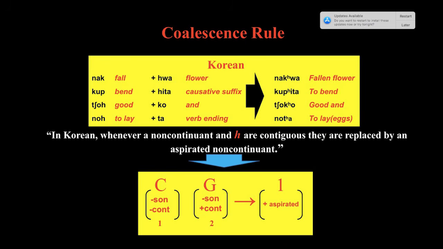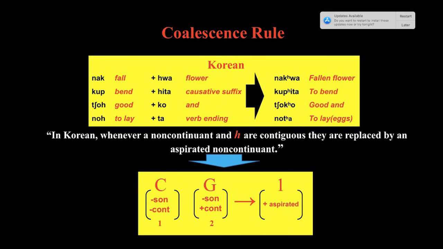If we take the example again here of Korean language, you will notice that whenever we add a suffix hwa, hita, ku, and ta to a stem, which is exactly nak, kup, cha, na, we notice that two consonants that become adjacent are replaced by one single consonant that is actually sharing the features of the two sounds.